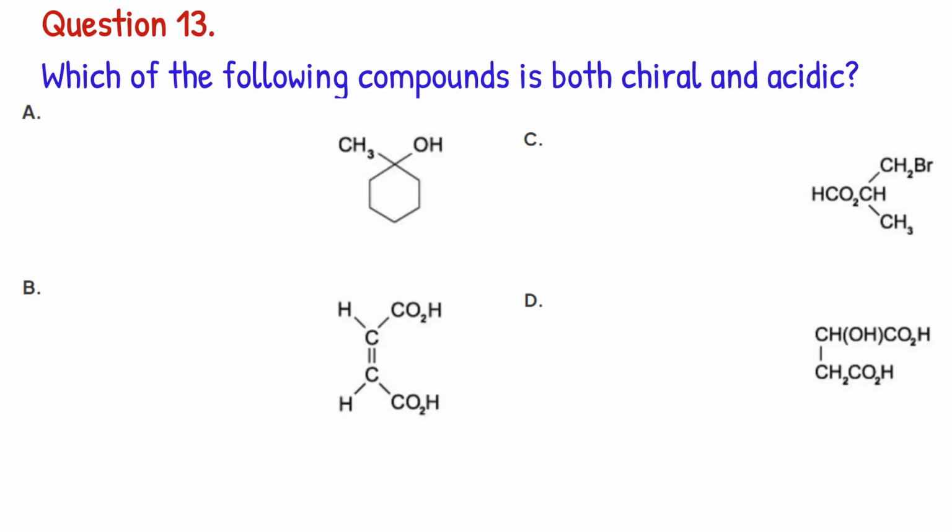Which of the following compounds is both chiral and acidic? The correct answer is D.